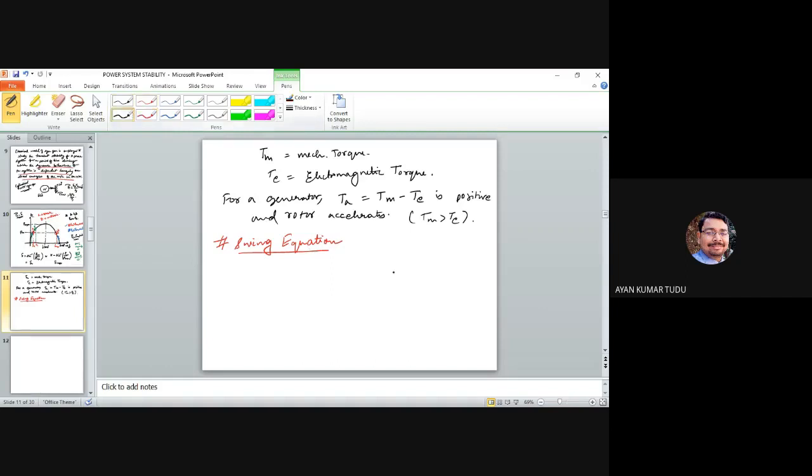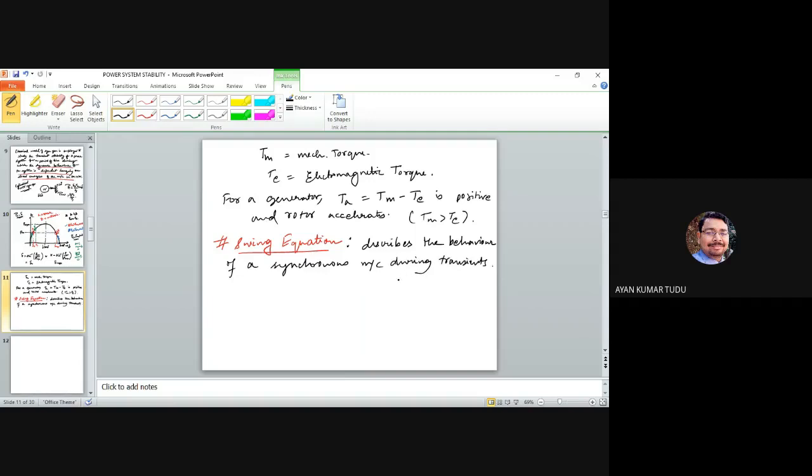This swing equation describes the behavior of a synchronous machine during transients.